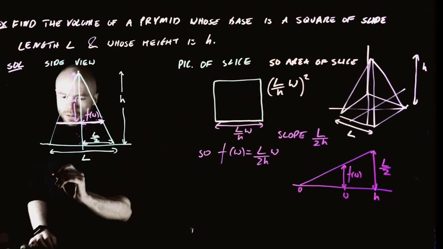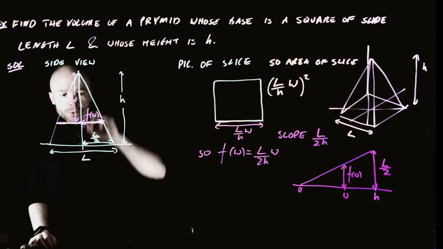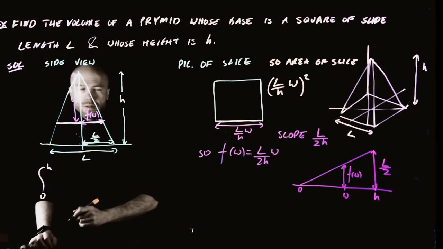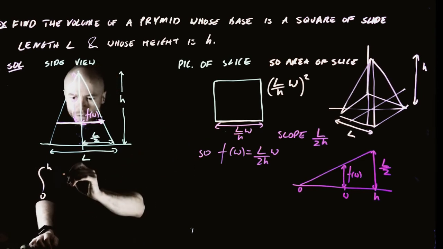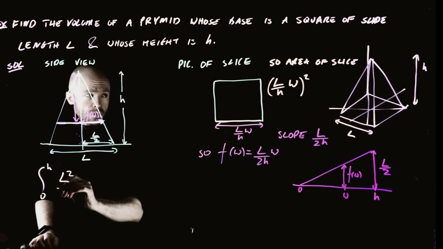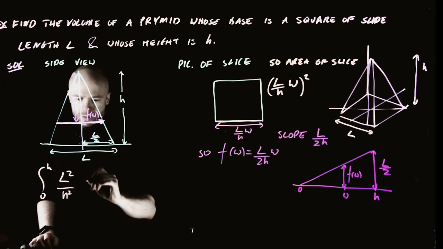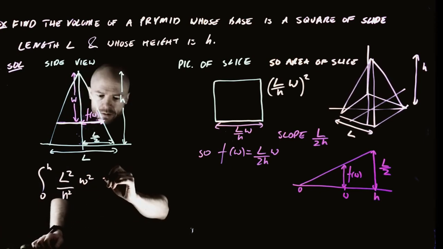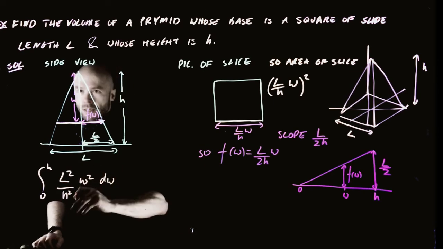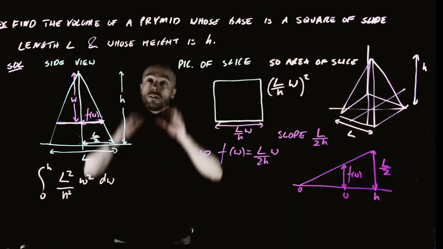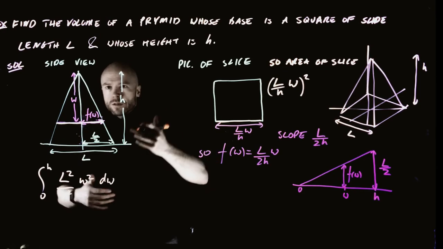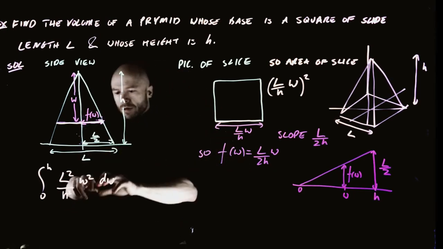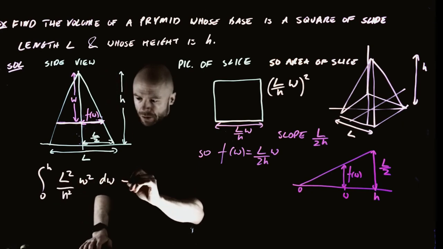We are starting from 0 and we're going all the way down to h. So we integrate from 0 to h just this thing. So it's going to be L squared over h squared w squared dw. Now, L and h are just fixed things. They're constants. They're given in the question. L could be 15, h could be 12, whatever. They are not part of this, right? So we can just pull them out. They're just constants.